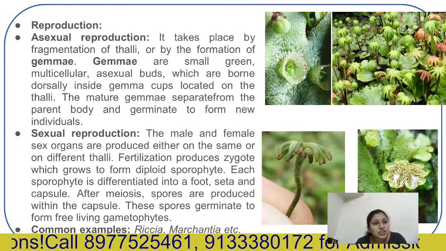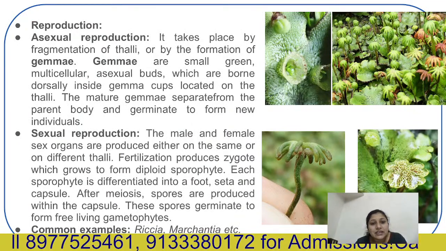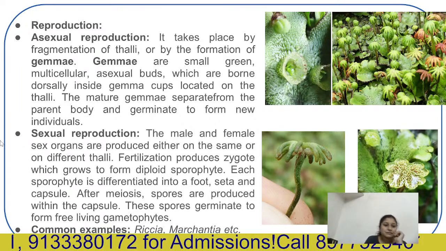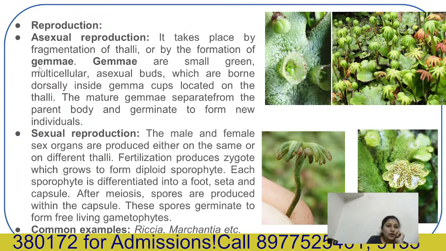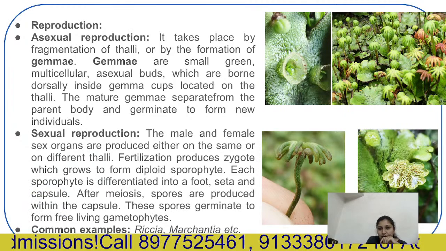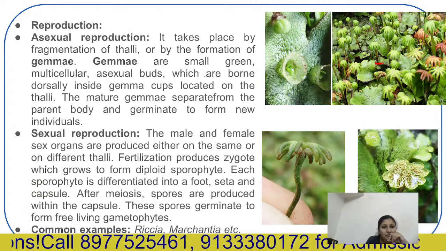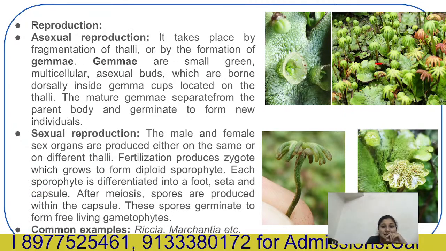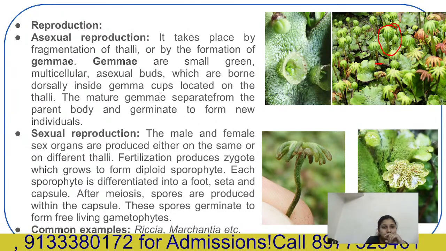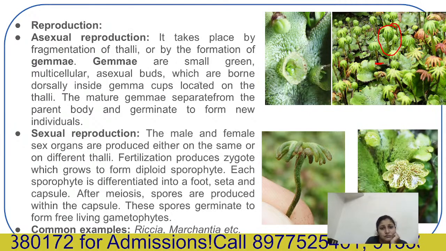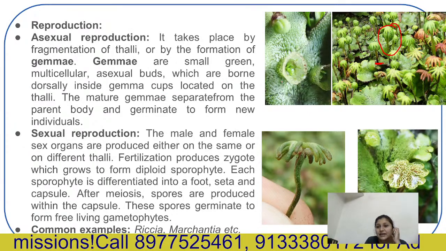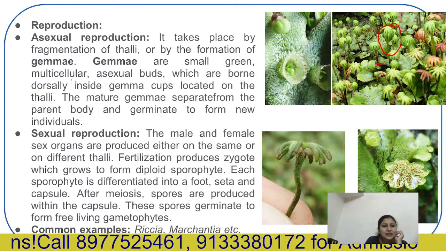So reproduction. Asexual reproduction takes place by fragmentation of thalli, and by formation of gemmae. You can see this is a gemma. Gemmae are small green multicellular asexual buds, which are born dorsally inside the gemma cup located on the thalli.